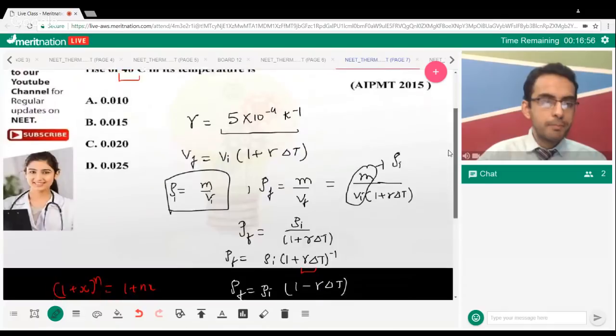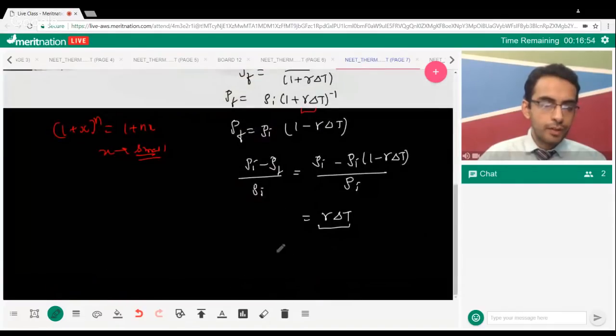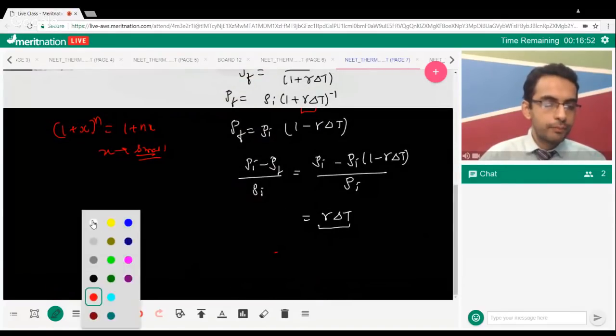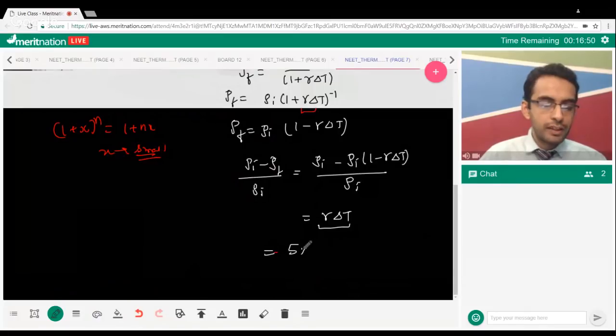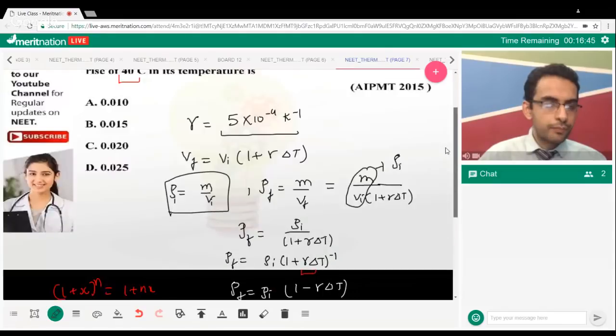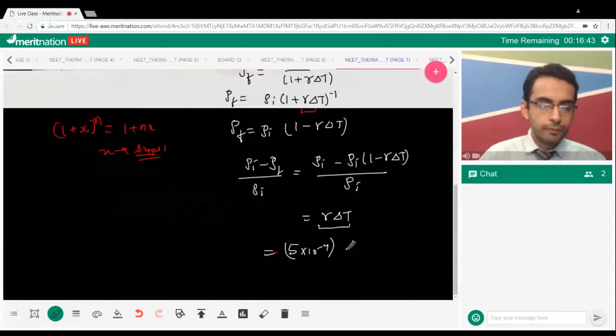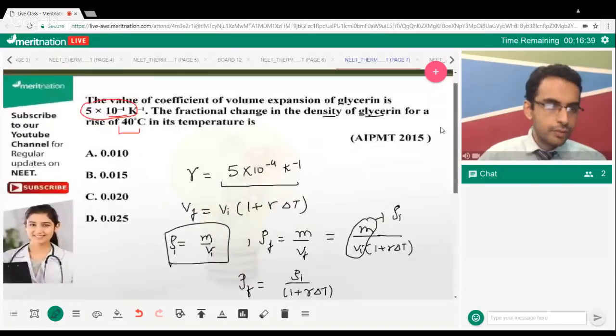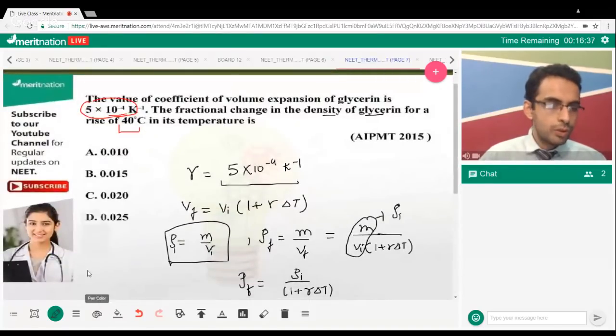Just multiply them: you get 5 into 10 raised to the power minus 4 into 40. So by this, you can say 0.020 is the correct answer.